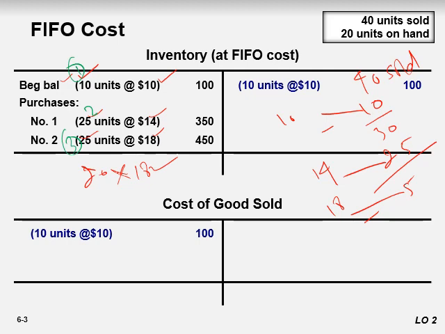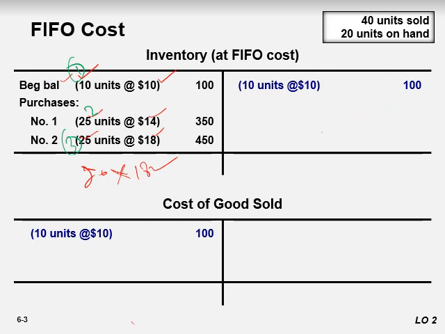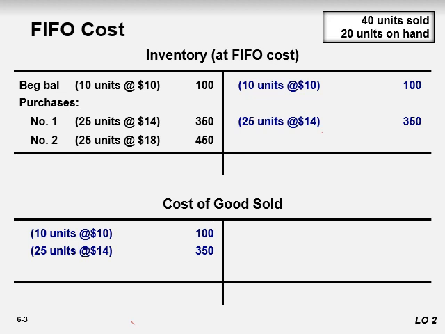Let's talk about that. Let me just remove it. Okay, right? So here, see, first of all those 10 units are sold, and then 25 units are sold with this price.